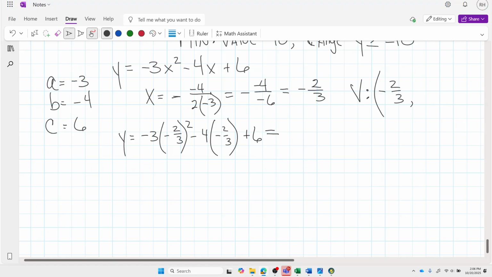So it would be 3 negative times 2/3 negative x squared minus 4 times 2/3 negative plus 6 and then hit equals. And we're going to get 7.33 or 7 1/3. So our vertex is at negative 2/3 and 7 1/3.